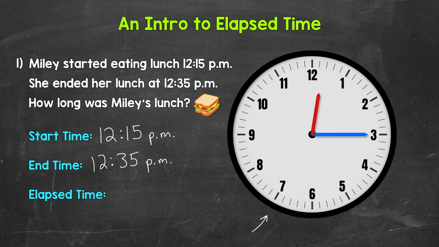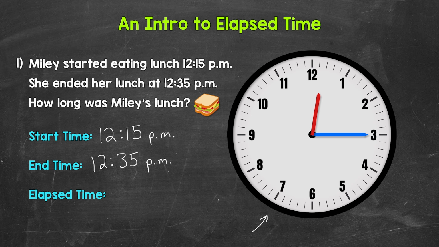Now going from 12:15 to 12:35, we need to see how many minutes from the minute hand pointing to the 3 to the minute hand pointing to the 7. Can we count each individual minute here and count by ones? Sure, but that's not the best way to go about this. That will make this harder and longer than it needs to be. One strategy we can use is to count by fives.